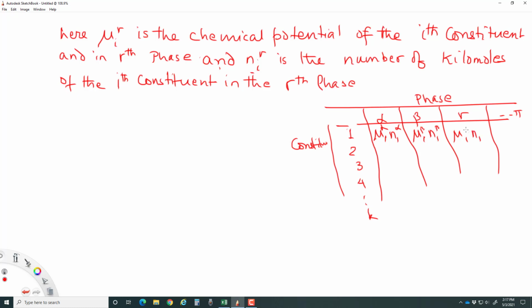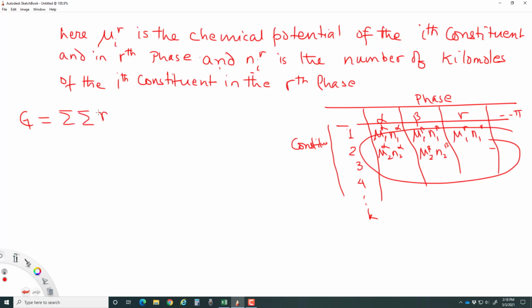Likewise here we have mu2 n2 alpha, mu2 n2 beta. So when we add all these things, we get the total Gibbs function. Gibbs function is the sum of n i gamma mu i gamma.